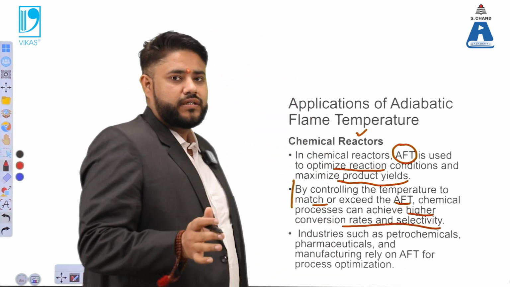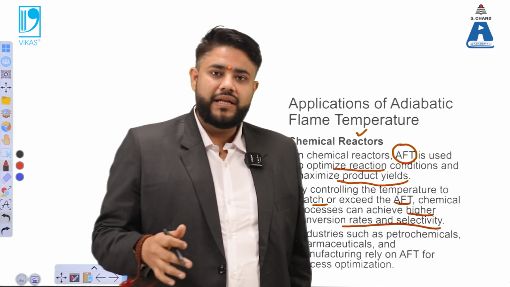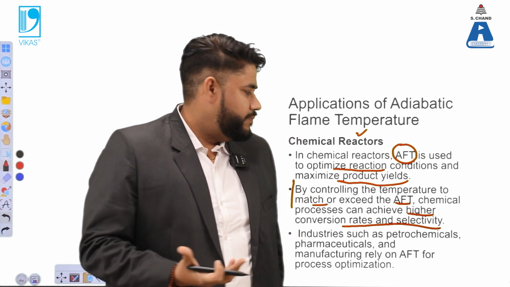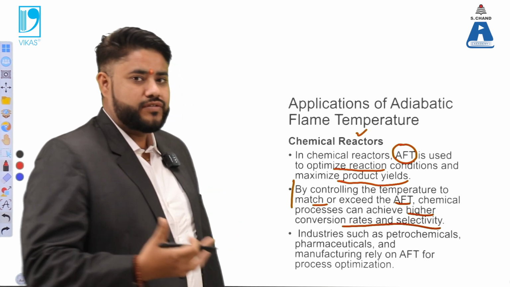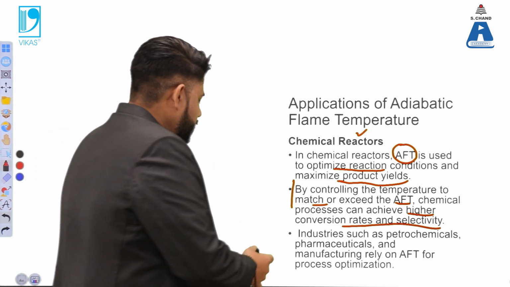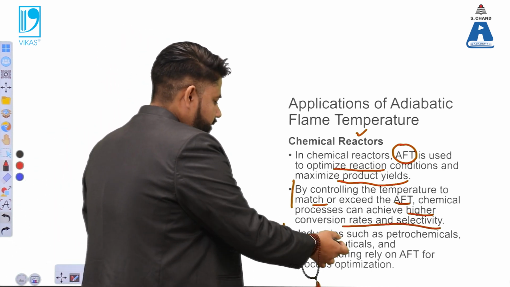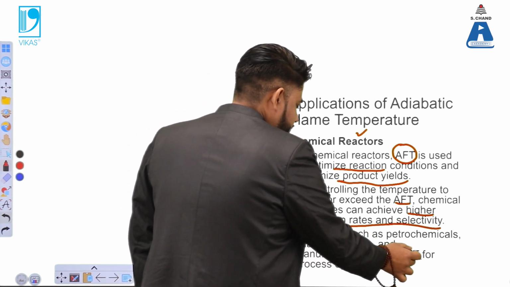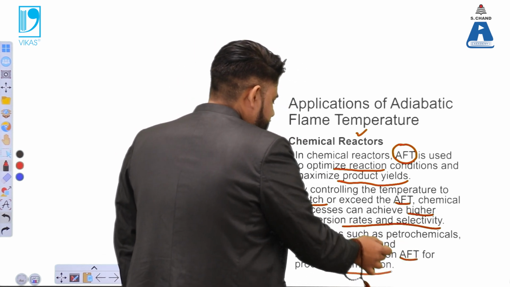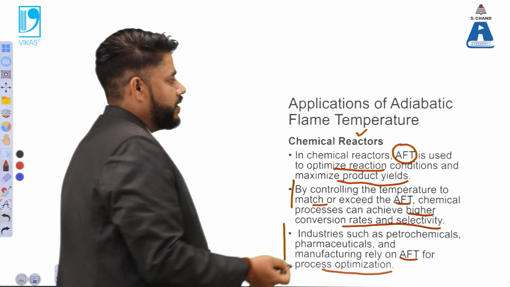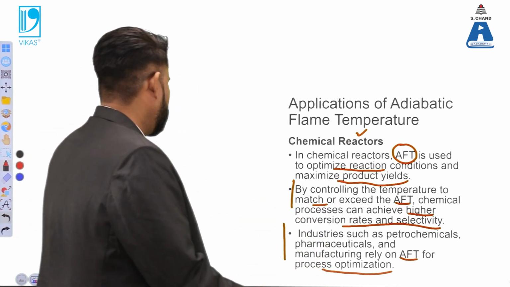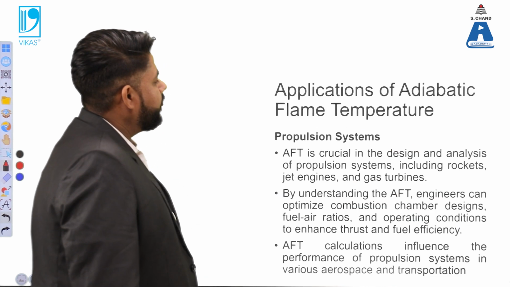So these combustion processes would become highly selective, and the conversion rates would be faster. Industries such as petrochemicals, pharma or manufacturing rely on AFTs, and thus on this process optimization also. This is one of the critical aspects of the application area.